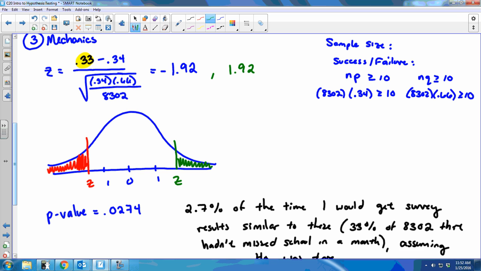Okay? So because of that, once I get my p-value for one side, that's fine. But then I multiply that p-value by 2 to get two sides. All right? Because this green section is the same as the red section. All right, so you do everything the same, but you multiply your p-value by 2. Then you'd have a new p-value.